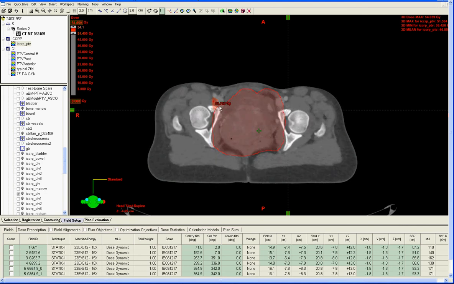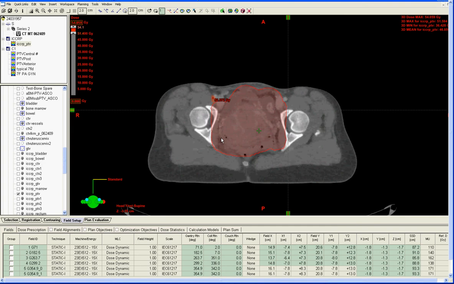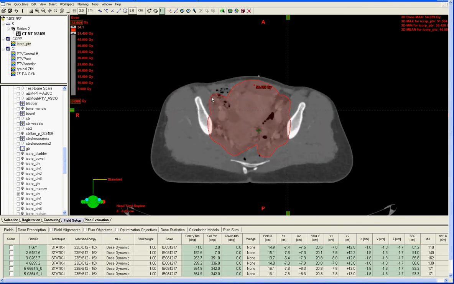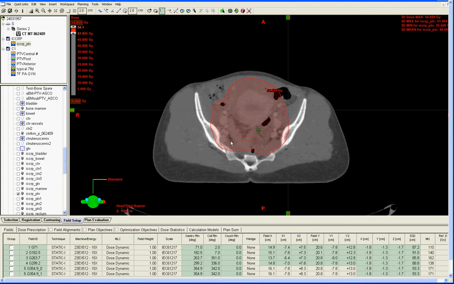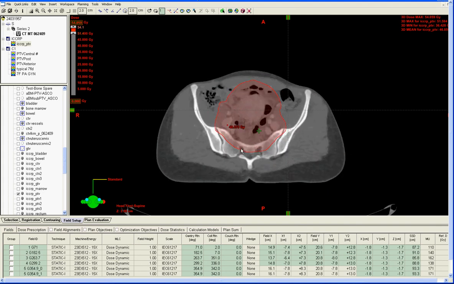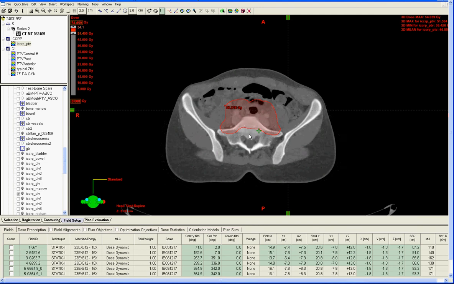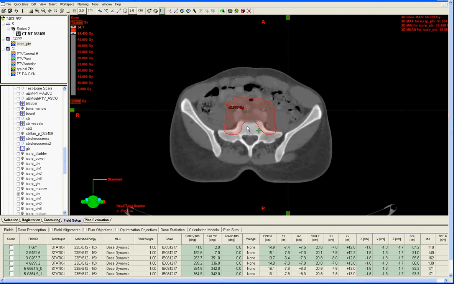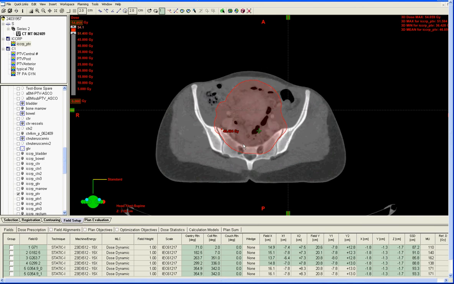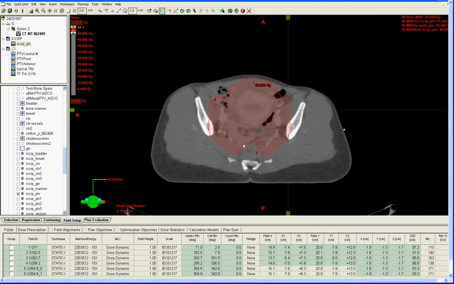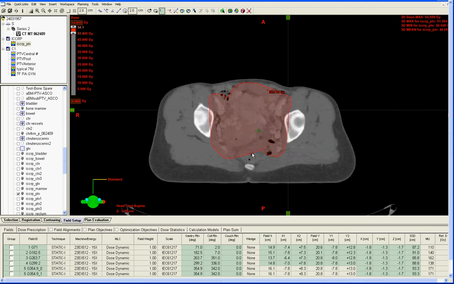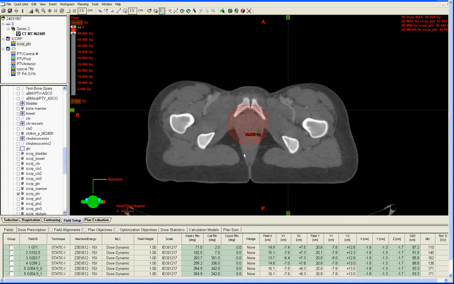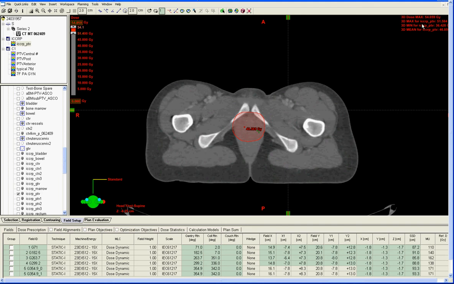There's a region out here that is probably not of great consequence. Mainly we want to make sure there's not any major hot spots sitting right on the rectal wall, which will receive high doses during brachytherapy. So this seems to be acceptable from a subjective point of view.